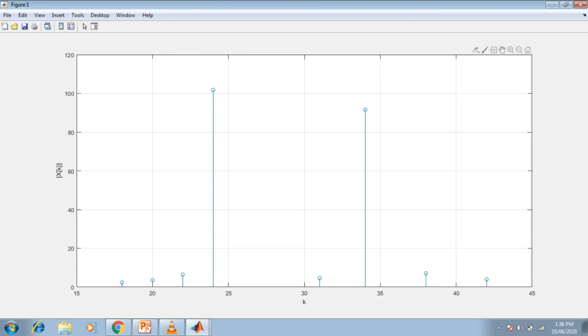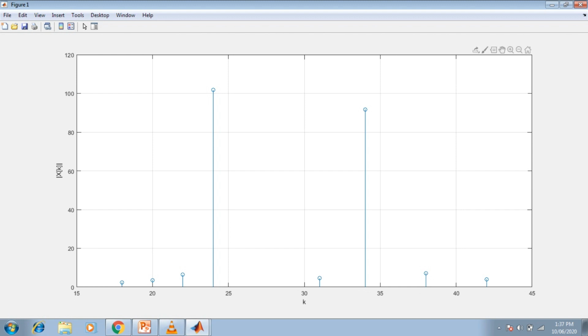On the horizontal axis you can see the plot of the k values from 15 to 45. You can see the different magnitudes plotted on the vertical axis, with magnitude values from 0 to 120 at max.